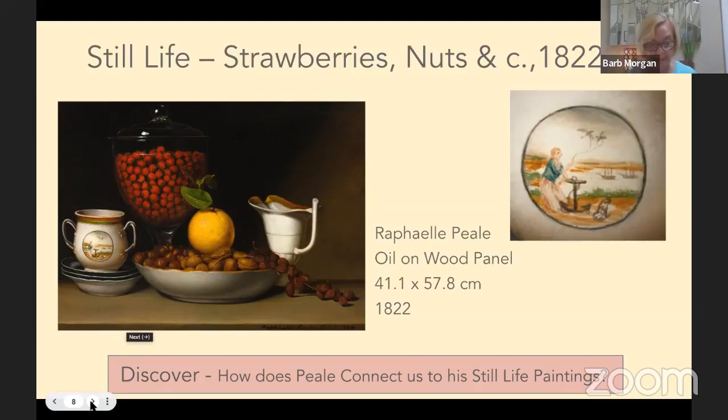So with that aspect, I'm going to skip a few of the specifics here just to make sure we have enough time for answering the question and to move on. As we look at that picture, it's strawberries in the container in the back, the nuts in that beautiful bowl, again, an orange, which I said he liked to use in a lot of paintings.